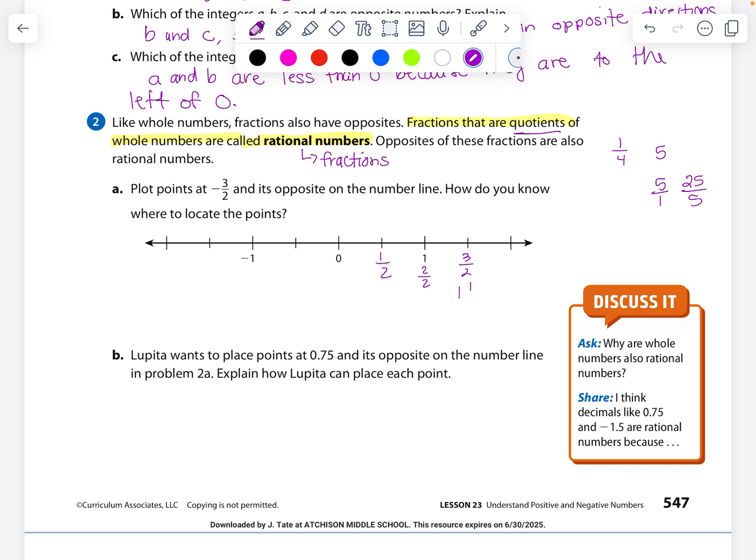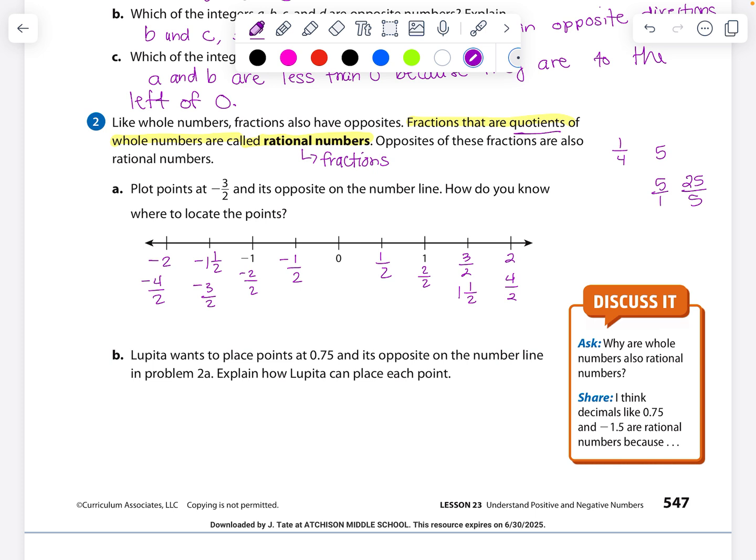We could also write this as 1 and 1/2. 2 can also be written as 4 halves. And when we're counting on the opposite side of 0, it's the same, just with a negative sign. -1/2, -1, -1 and 1/2, or -3 halves, -2. I could also write that as -2/2 and -4/2.